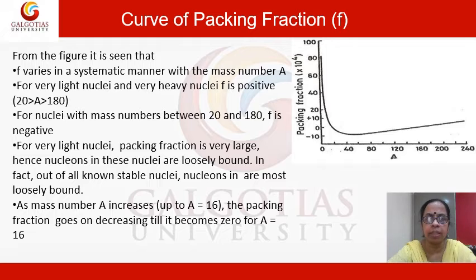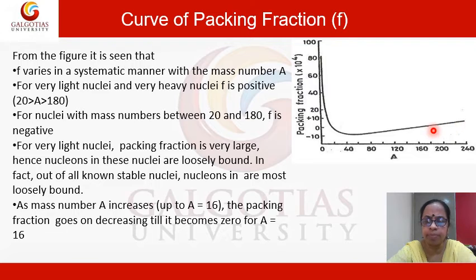Now we will see the curve of packing fraction. We will see that f varies in a systematic manner with mass number A. For very light nuclei and for heavy nuclei, f is positive, like A less than 20 and A greater than 180.